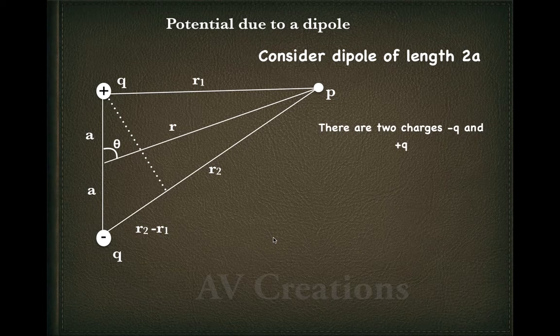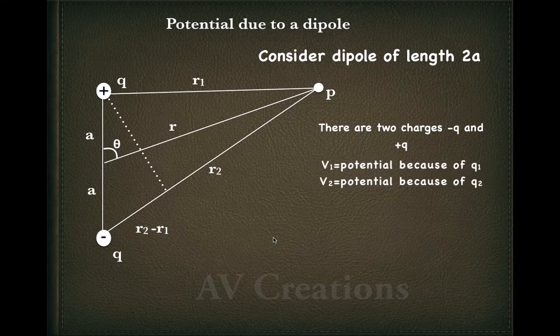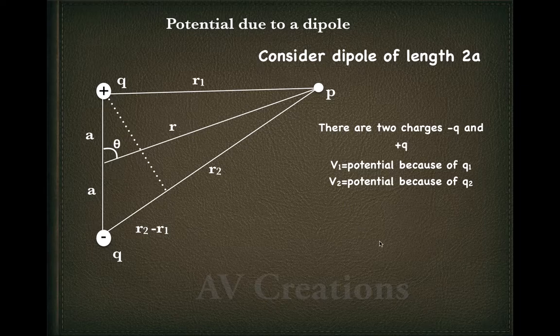There are two charges, minus q and plus q. V1 is the potential because of q1, and V2 is the potential because of q2. Since there are two charges, there will be two potentials, V1 and V2. What is the equation for V? The electrostatic potential is 1 by 4 pi epsilon 0 times q upon r.